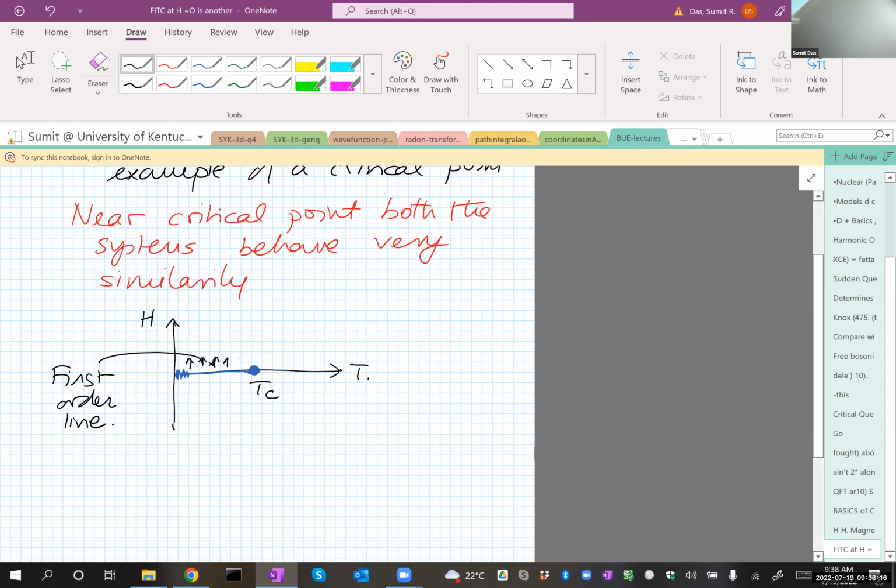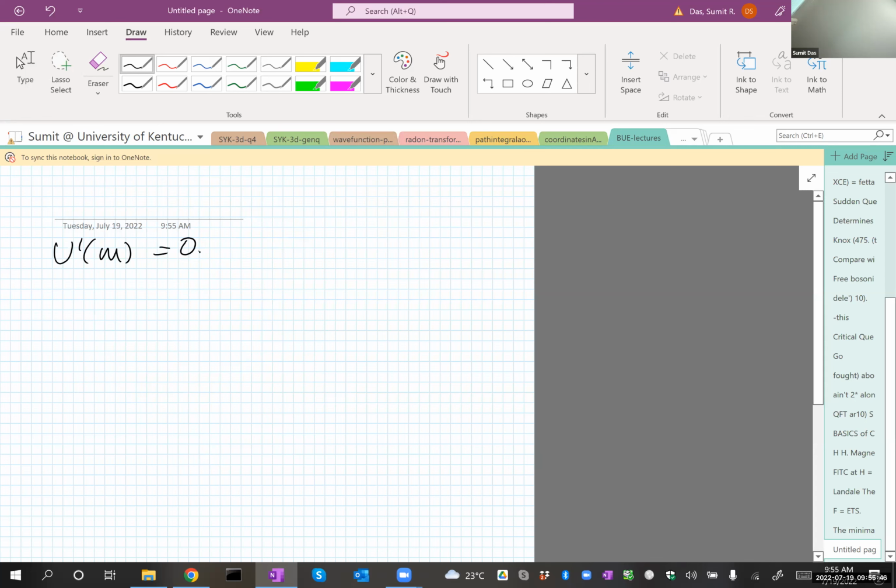Then the potential looks like that. The way to know that the potential looks like this is to consider the equation U prime of M equal to 0. So this means A of t M plus B plus lambda of t M cube equal to 0.